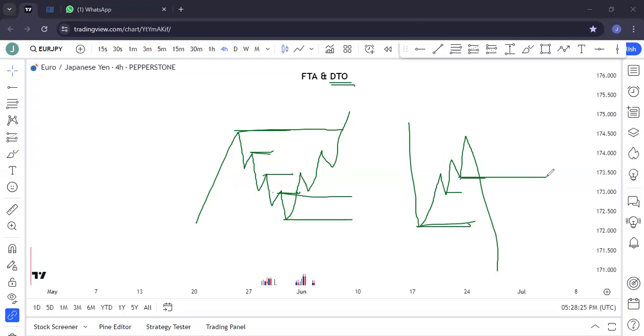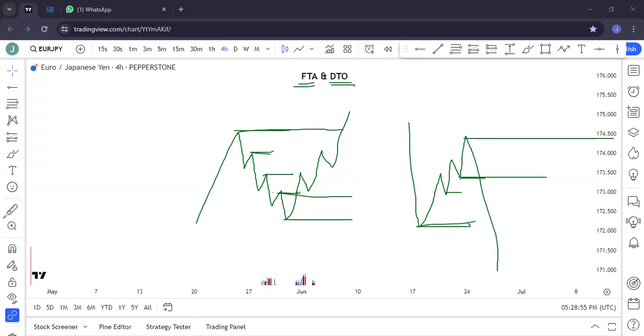So you have to find entry in the first takeout. There is where you have to consider finding entries. So this is just the hint I gave you. But today's lesson is mainly focused in the FTA. It's very, very important.